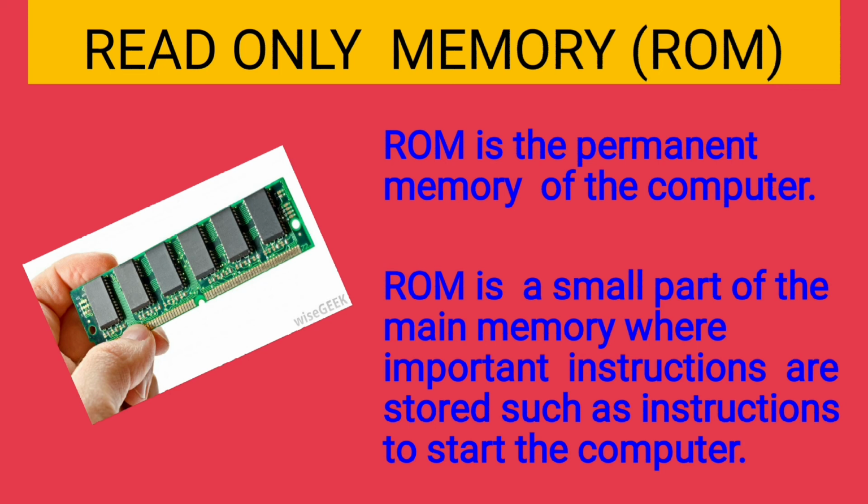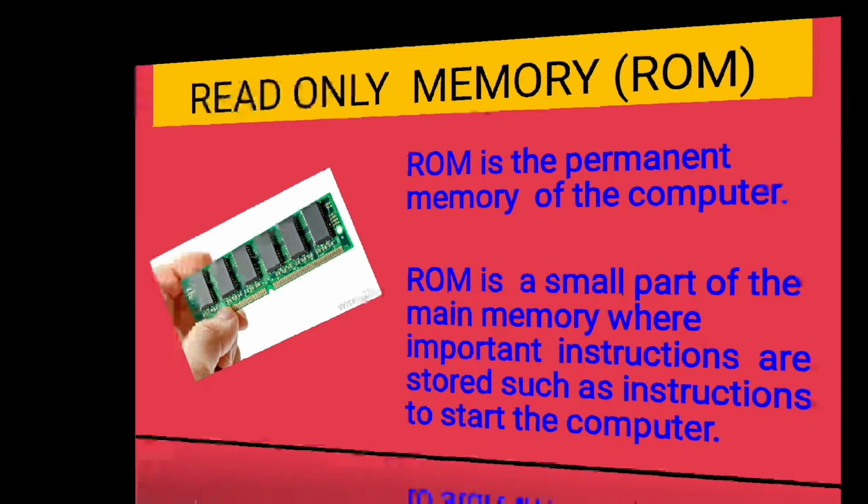It is like a movie where we can see and listen to actors, but we can't talk to them. ROM is the permanent memory of the computer. All data saved on the ROM is saved even if we turn off the computer. Information saved on the ROM is removed only when we manually delete the data from the computer. This is all about ROM. You can see the picture on the screen.